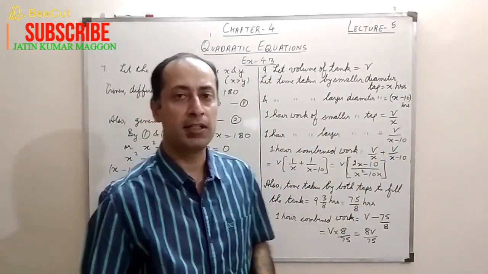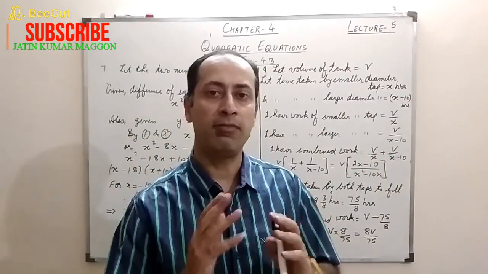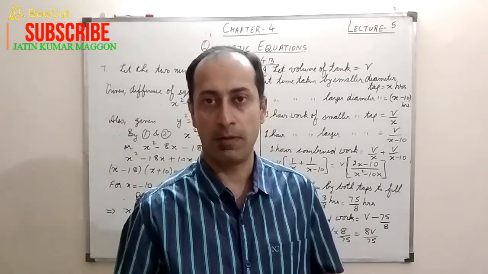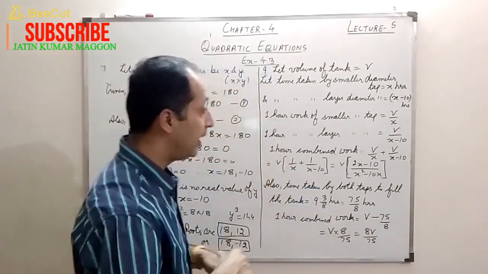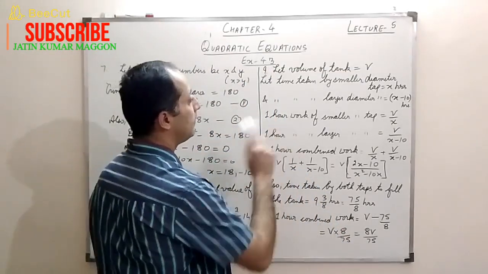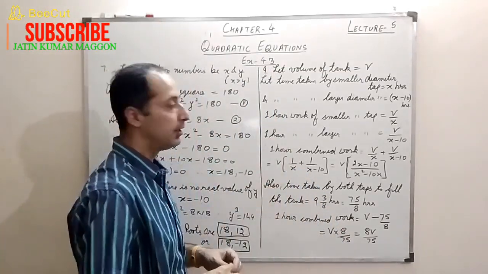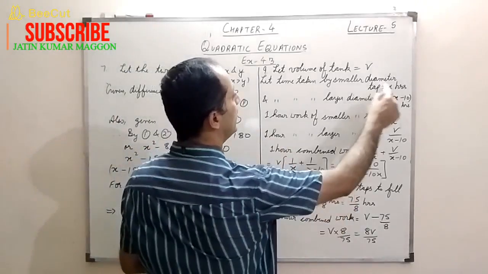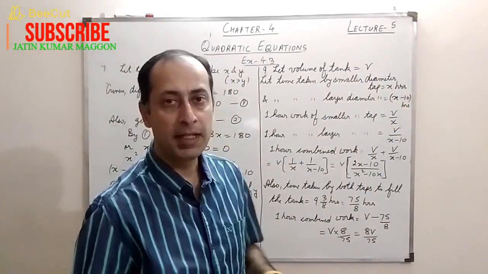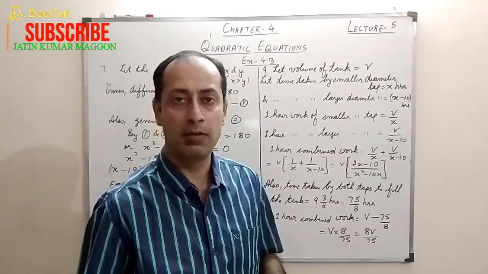Now what we do in the case of a time and work question, we always find the work for 1 hour, 1 unit, right? So here we find the work done by them in 1 hour. So the 1 hour work of the smaller diameter tap is obviously, see, it takes x hours to fill V volume.